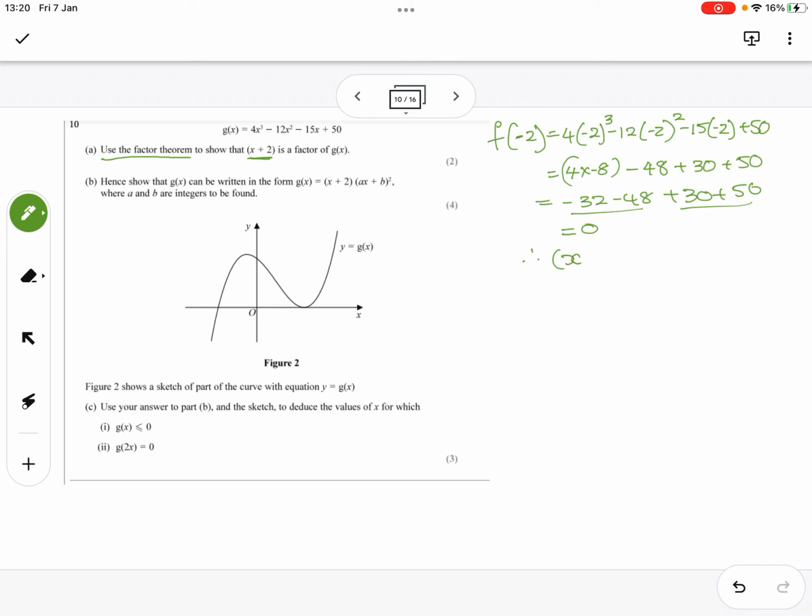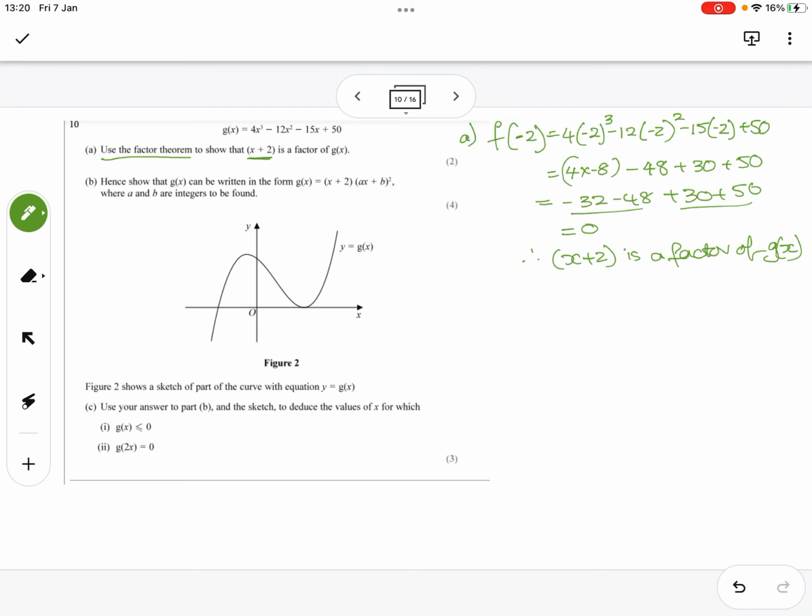Therefore, final line, x + 2 is a factor of g of x.